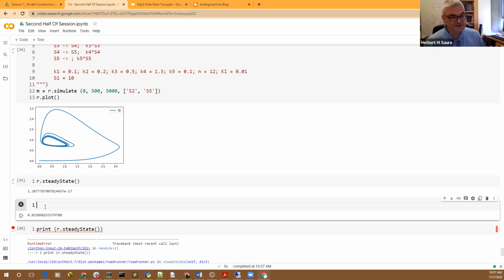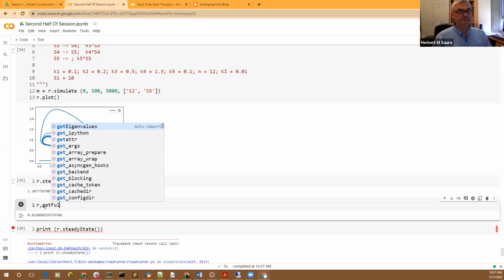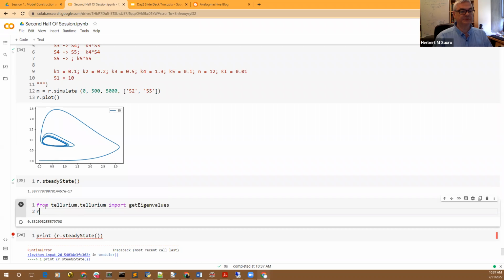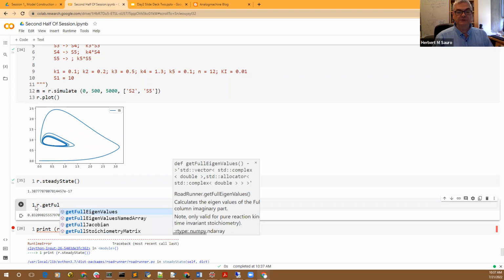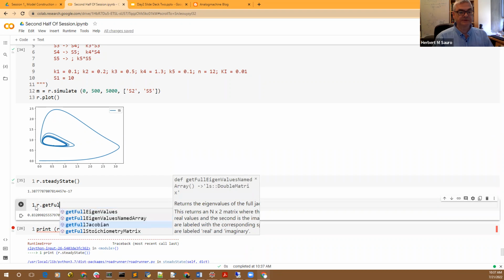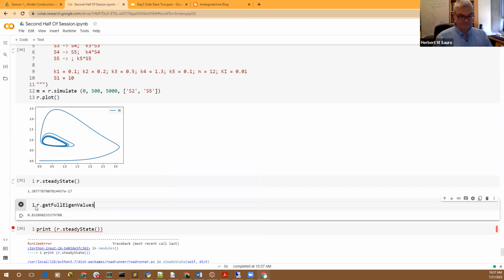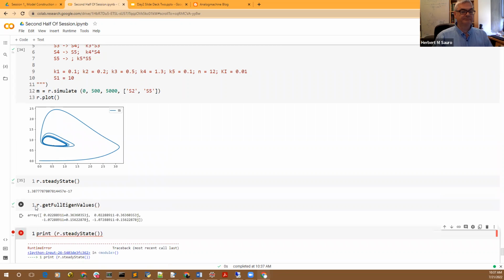A characteristic of the steady state in a limit cycle is that it's unstable. For those of you who've done some stability analysis, you'll know that you can check the stability of the system by looking at the eigenvalues.